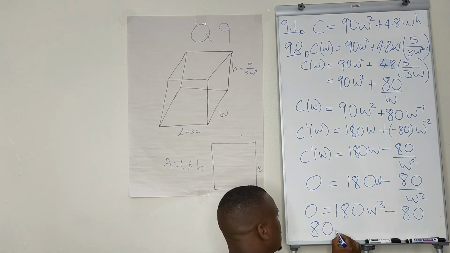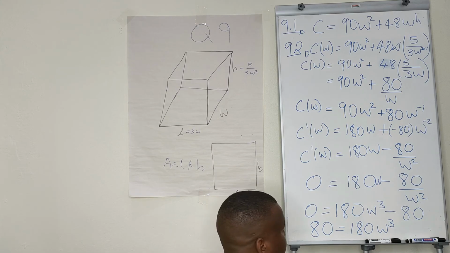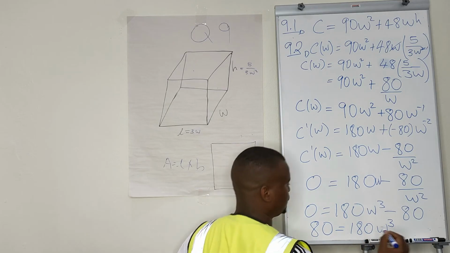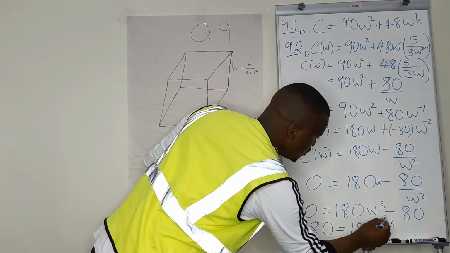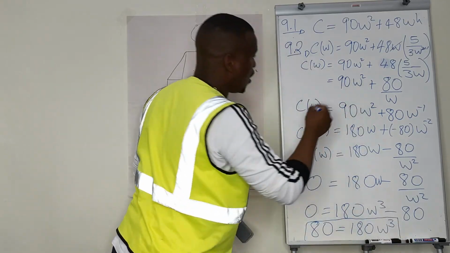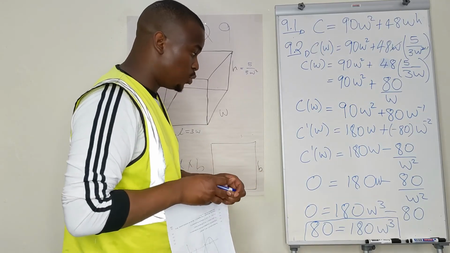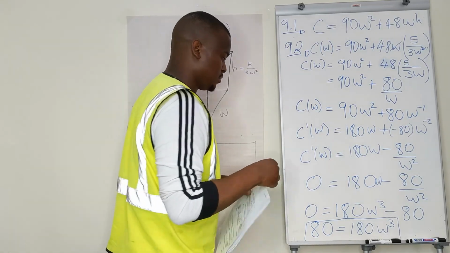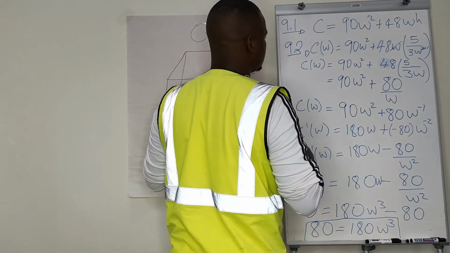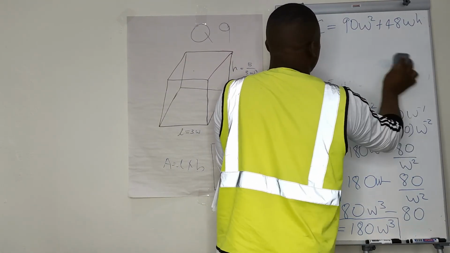So 80 is equal to 180w cubed. I'm going to wipe this because I assume that you are following up to that very point, because we want to find the minimum width.